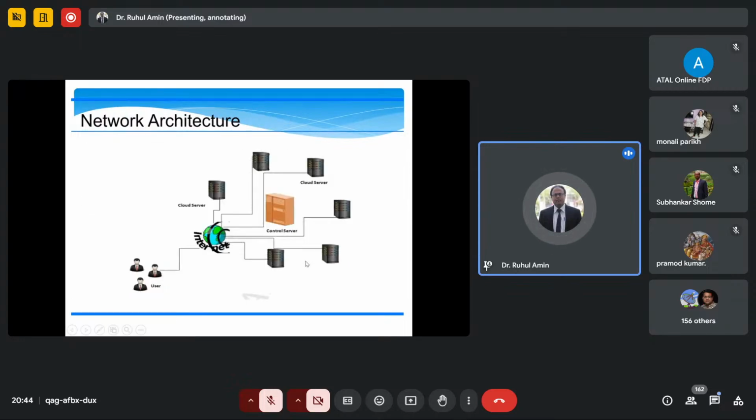So here, coming back to this network architecture: if the user wants to log into the system, for example this particular server, the user will send some parameters to the server.